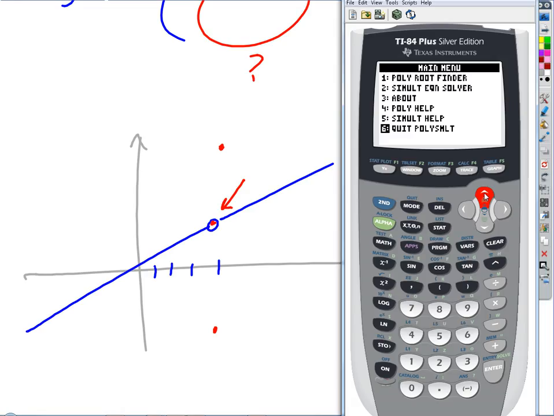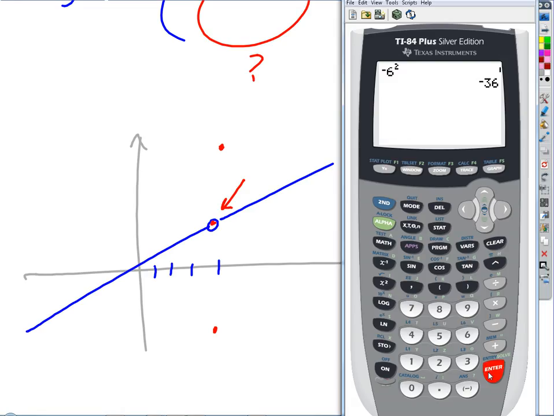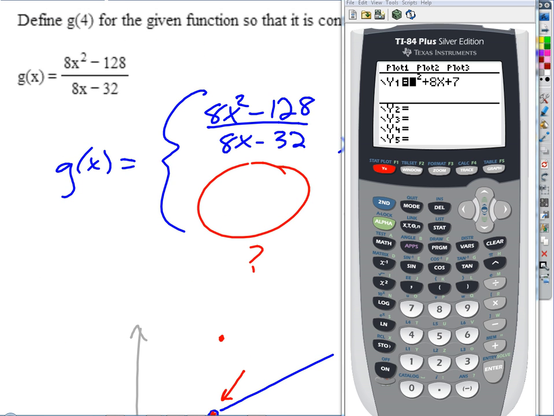Okay, if I go up to y equals and I graph this, so I've got the quantity 8x squared minus 128 divided by quantity 8x minus 32. There we go. Okay, so if I graph this, just say maybe zoom standard, see what happens with zoom standard.